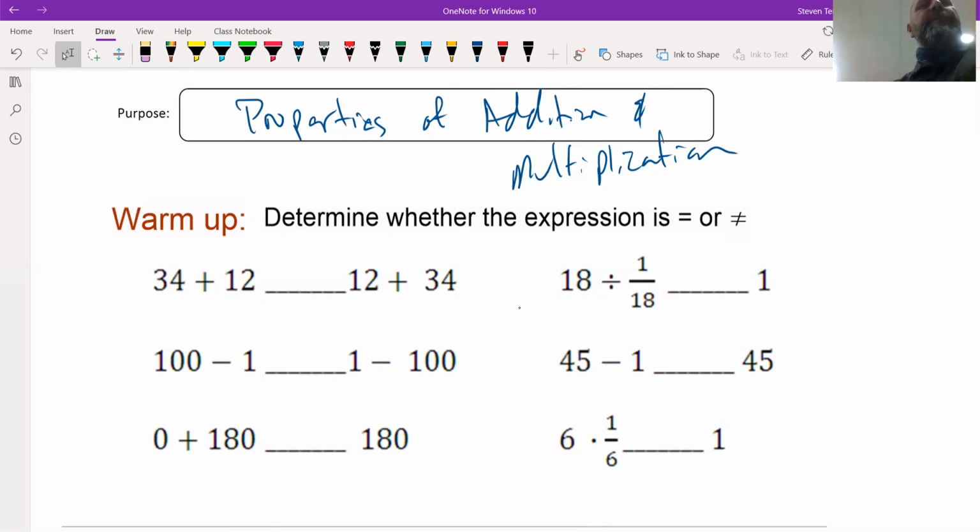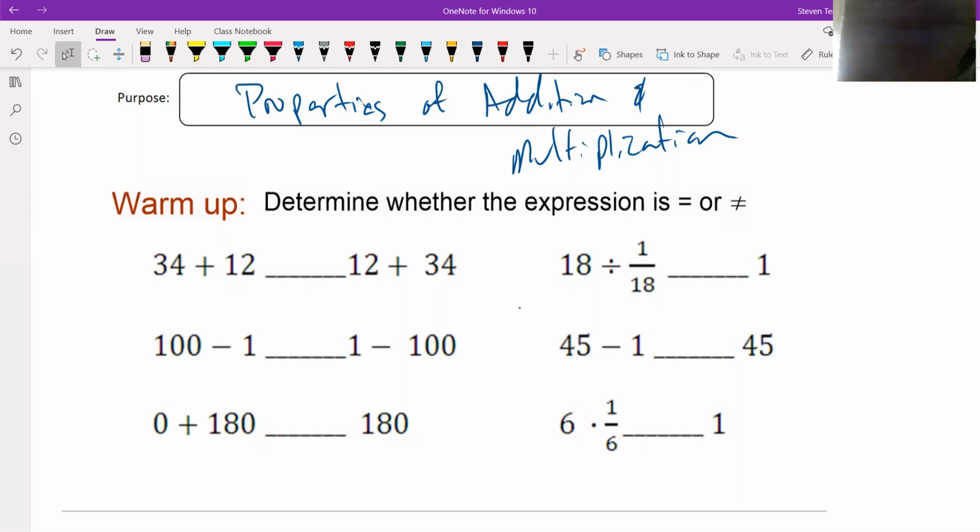Little warm up, 34 plus 12, is that going to be the same or not equal to 12 plus 34? And hopefully you realize that, yeah, you can rewrite that and it would be the exact same outcome. If I drop down to the next one, 100 minus 1 and 1 minus 100, would they have the same result?